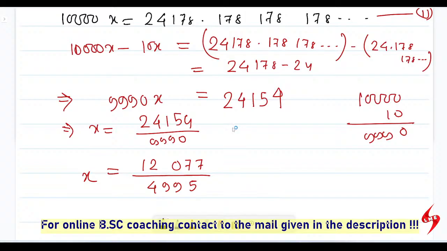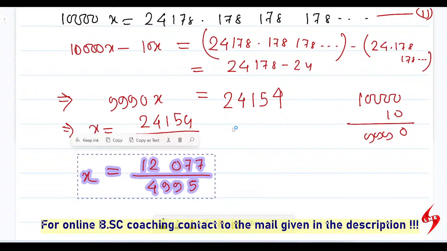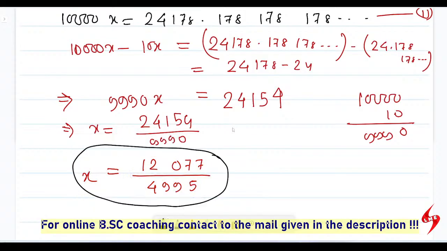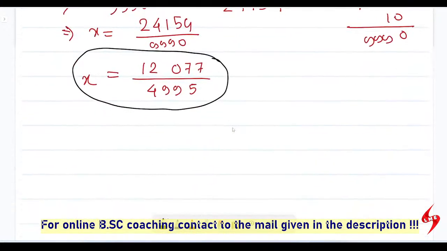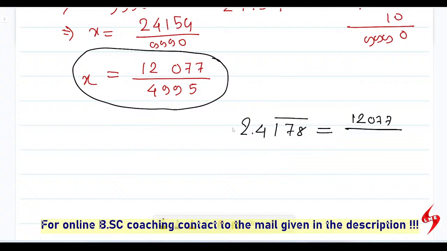This is the p by q form: 2.4178 12077 by 4995. Okay. Now this is your question.